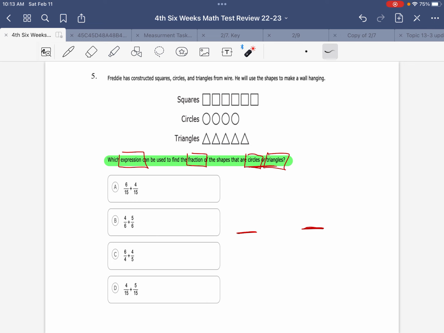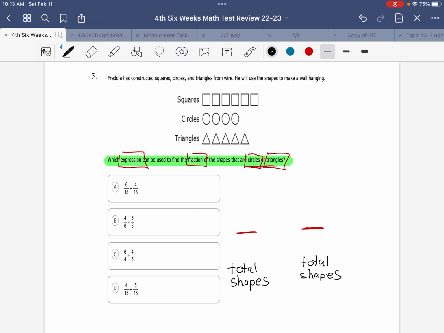So when we get our denominator, it's not the total of just circles and triangles. Our denominator has to be all of the shapes. Even though it's not asking for squares, I still need a denominator for the total amount of shapes. So I'm going to put that on the bottom. Denominator has to be total shapes. Okay, and I'm going to put that over here too.